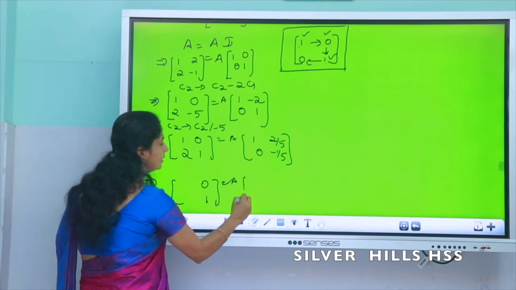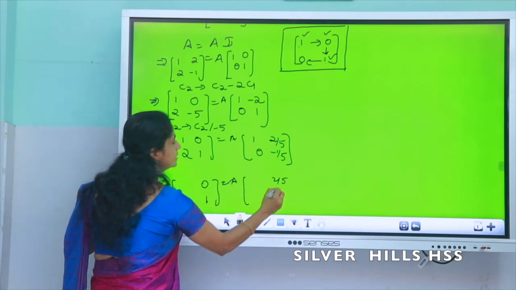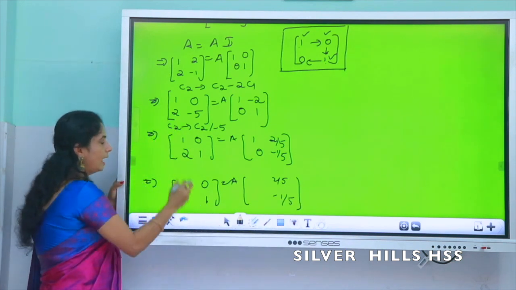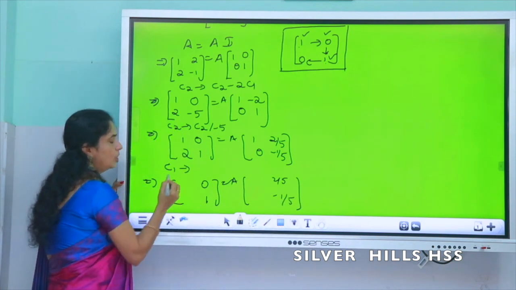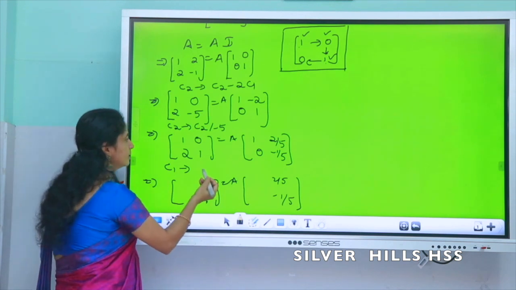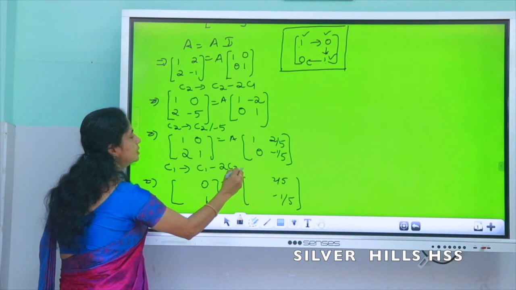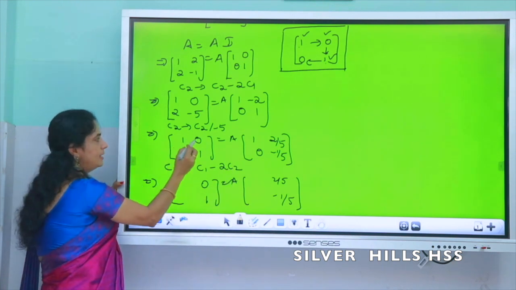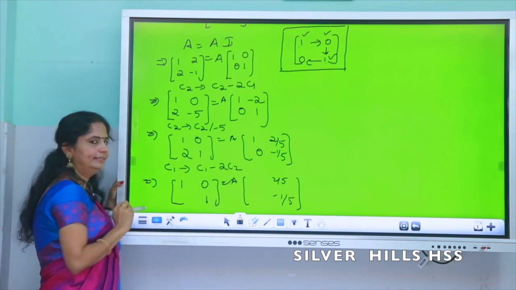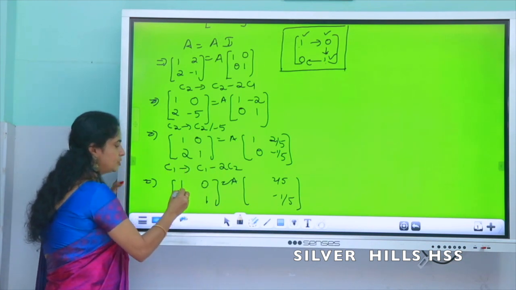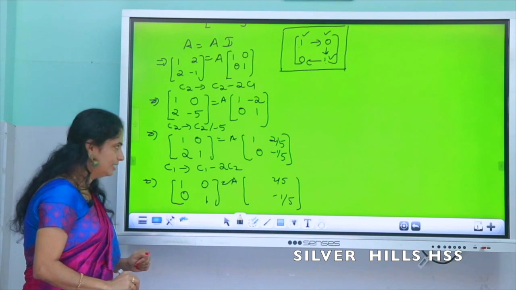So let me write it in the beginning itself so that we can avoid the confusion. I am going to transform only the first column. How is it going to be written? It is C1 minus 2C2. So 1 minus 2 into 0 is 1. 2 minus 2 into 1, that is 2 minus 2, 0. So we got the identity matrix.